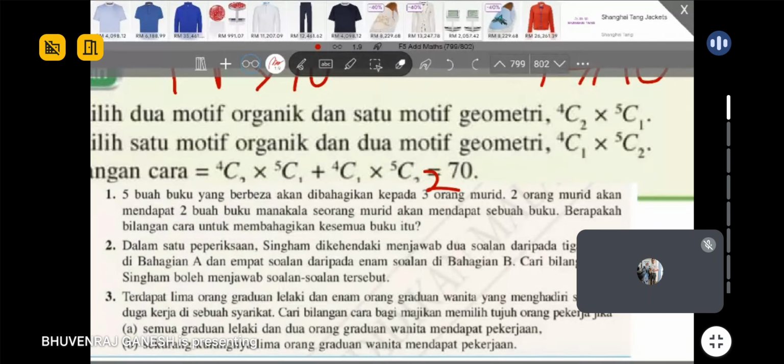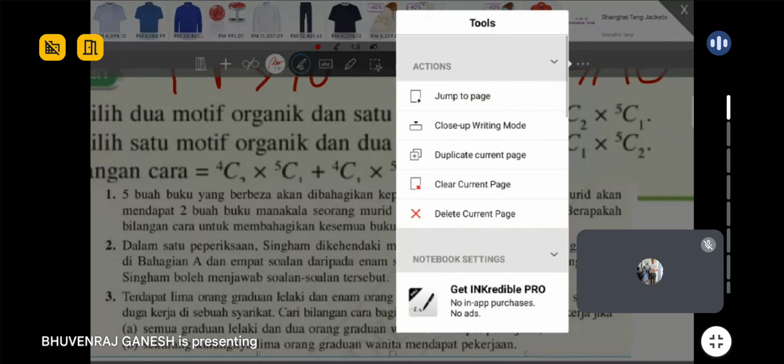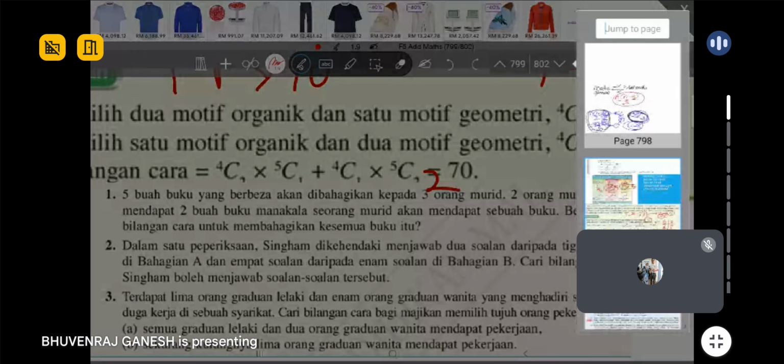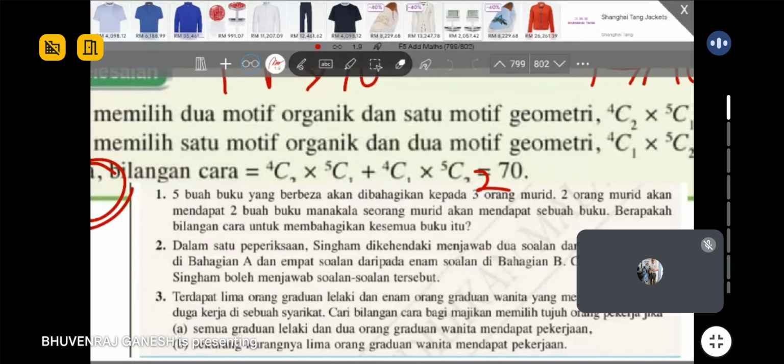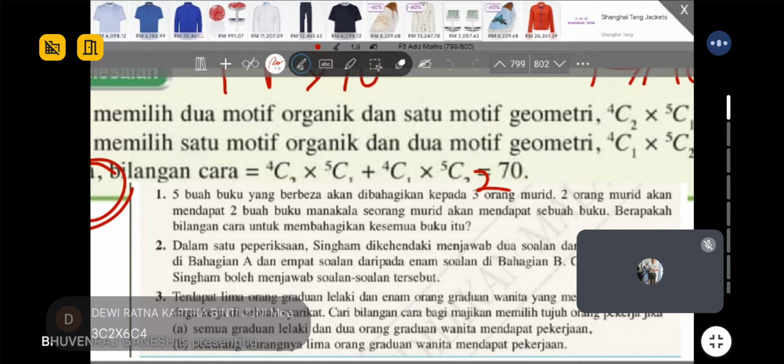So question number 2. Okay, so can you all try and see question number 2? How do we solve it? So this one is exam question. So definitely combination. Wow, so fast. 3C2 times 6C4. Okay, this question quite straightforward. Okay, so basically you have to answer 2 questions out of total 3.